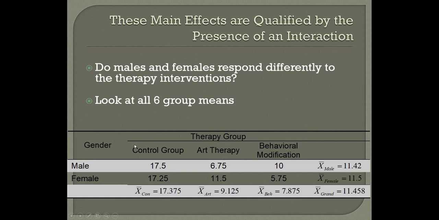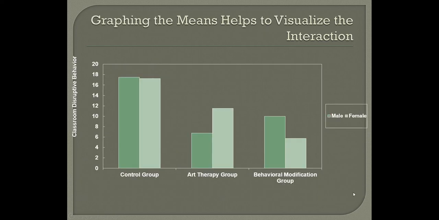In this table, we have the cell means, and we have the marginal means, which allow us to assess the main effects: the marginal means for therapy and the marginal means for gender as well. Of course, we have the grand mean, which ignores all the conditions to get everything together.